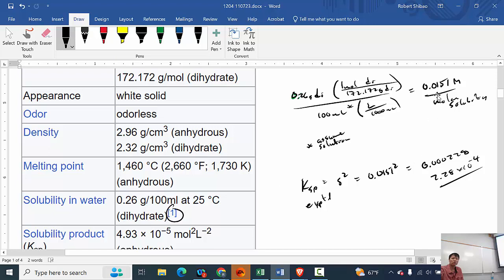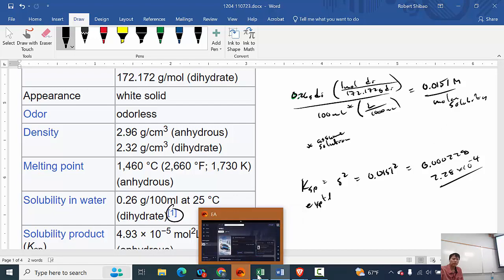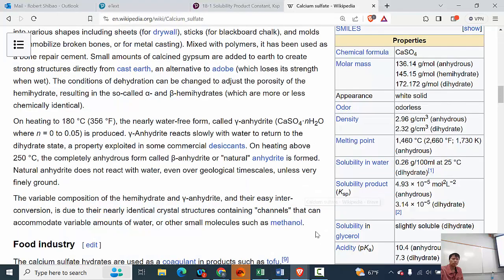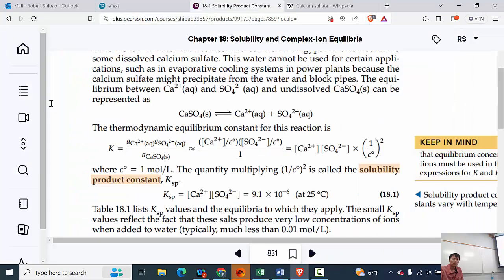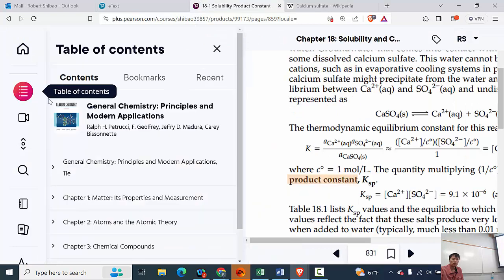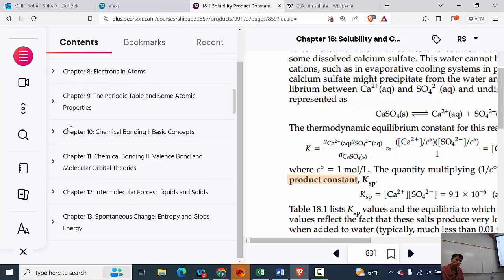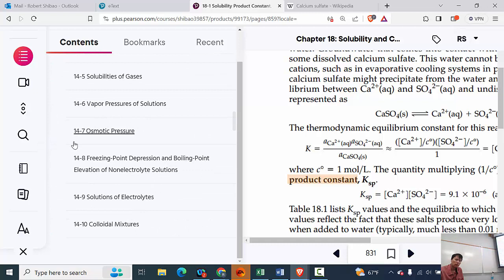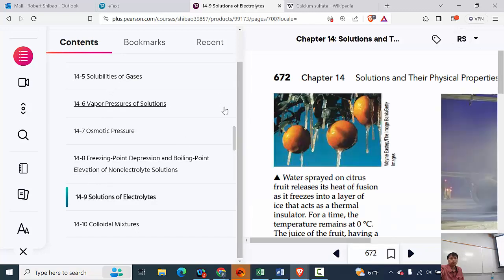This is 0.01 molar, and then we go back over here and take a look at chapter 14.